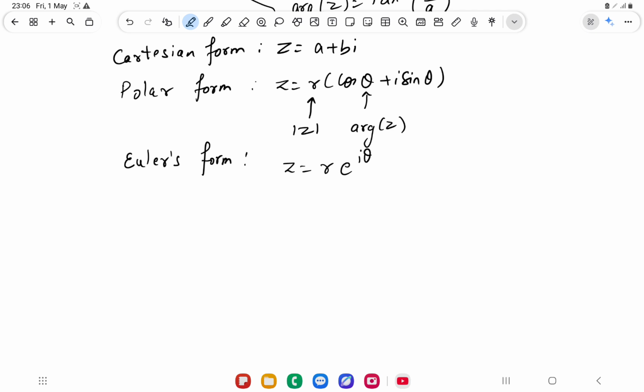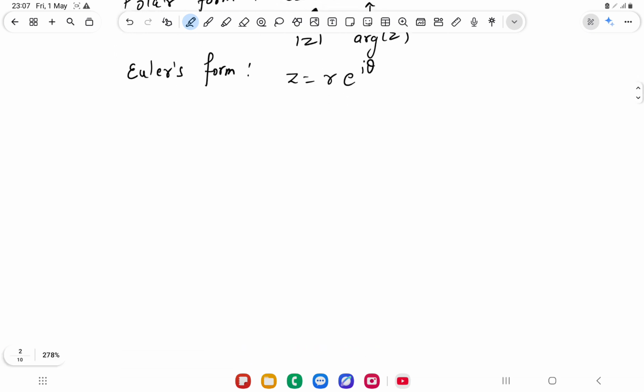Now let's convert some Cartesian form into polar and Euler form. Let's take an example of z equals 1 plus root 3i. Now I want to convert this into either polar or Euler form. So for that I need r, which is modulus z, which I can write as root of 1 square plus root 3 square. That will be 2.